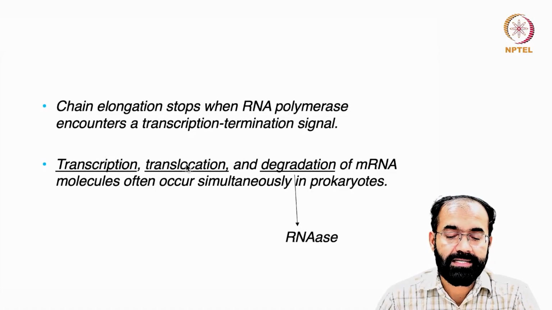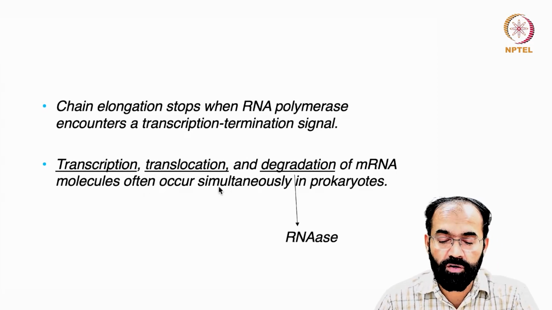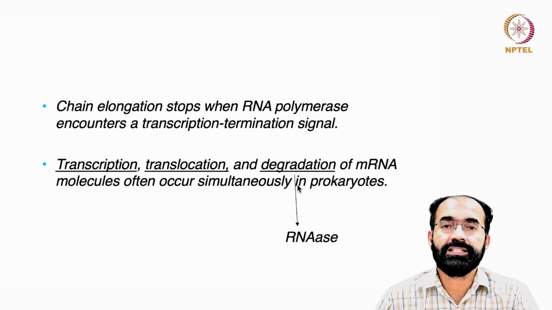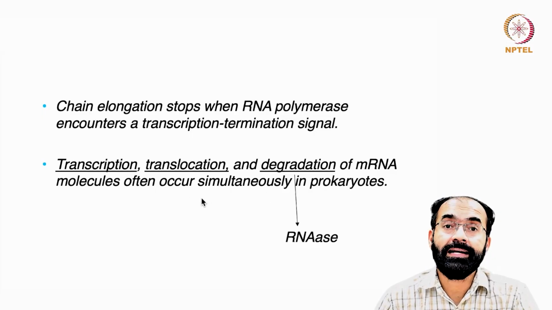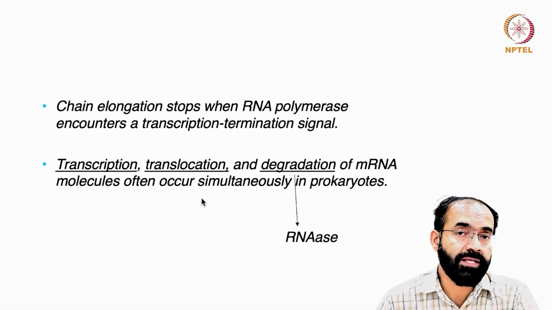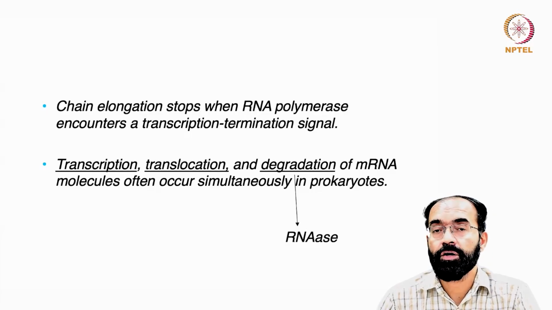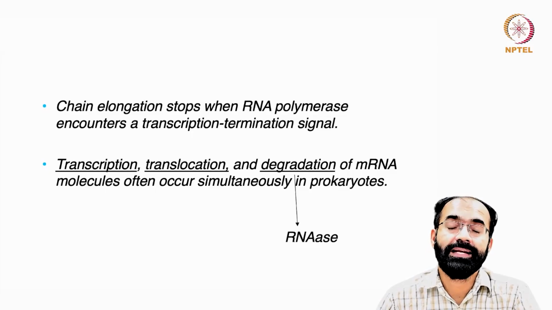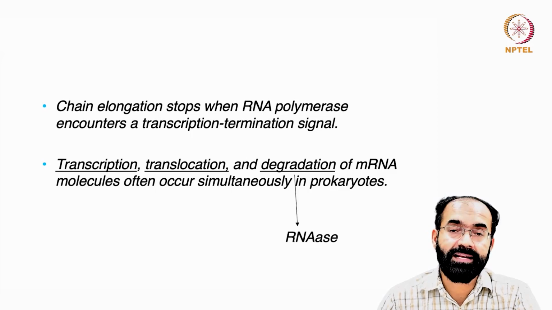Transcription, translation and degradation of mRNA molecules often occur simultaneously in prokaryotes. That means gene regulation happens at different levels. However, the transcription, the translocation of this RNA into the ribosomal machinery, the translation event and also the degradation of the RNA happen almost instantaneously, because the lifespan of bacteria is quite short.